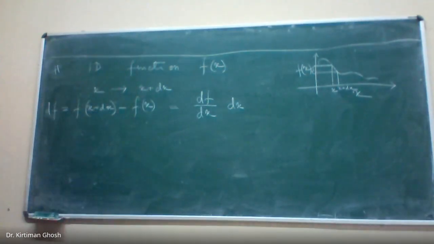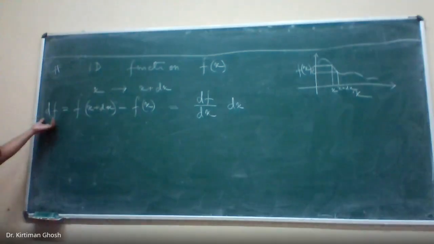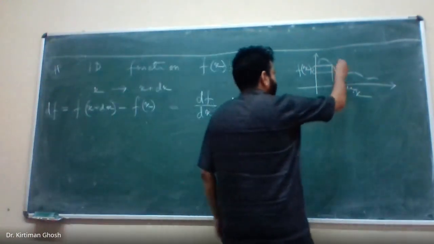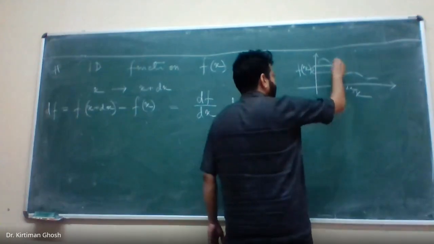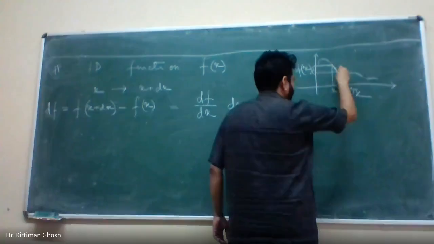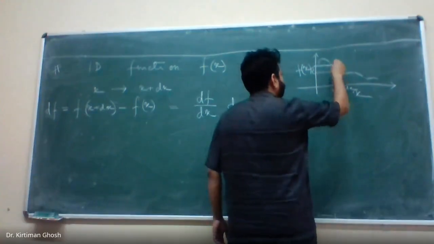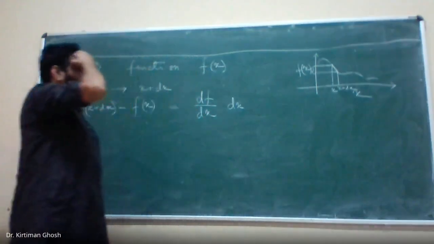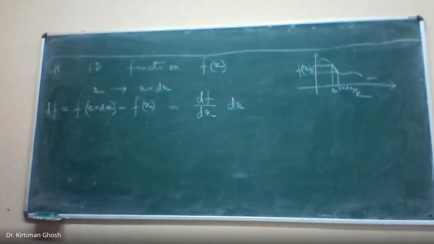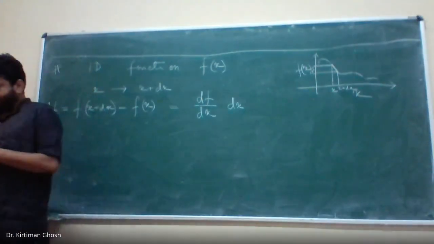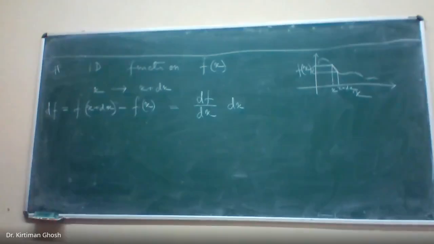So df is basically del f by del x times dx. Here del f by del x is the slope of this graph, and this is your dx. This is how you can calculate the differential change of a function if the argument of the function changes differentially. So this is for a one-dimensional function.